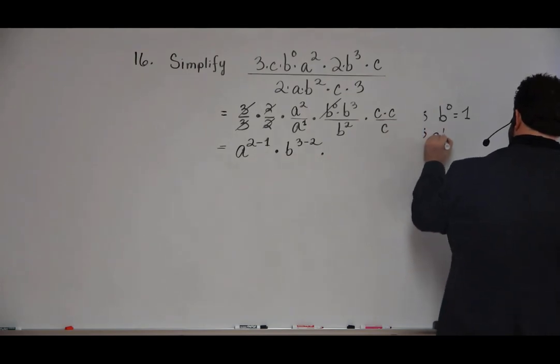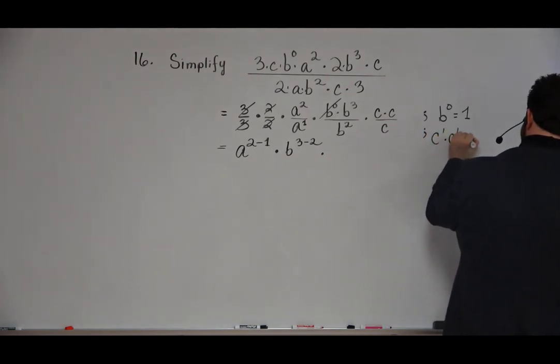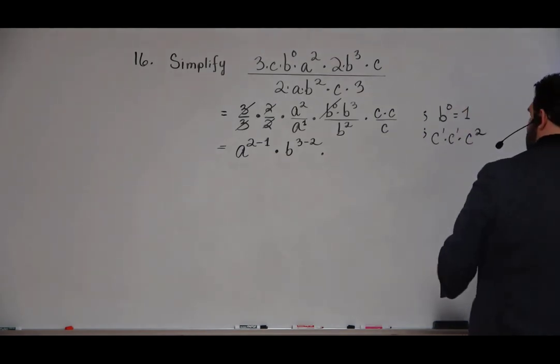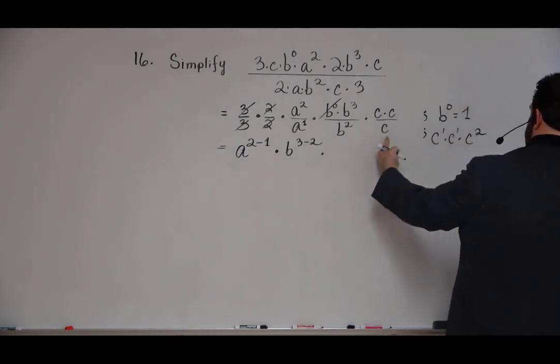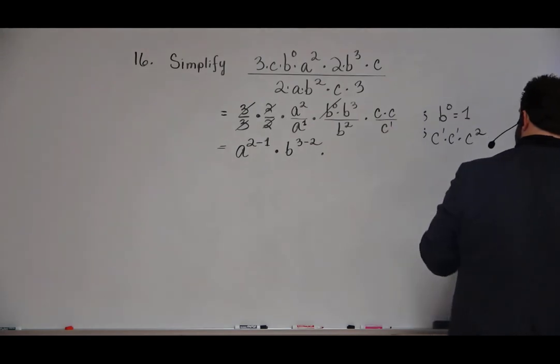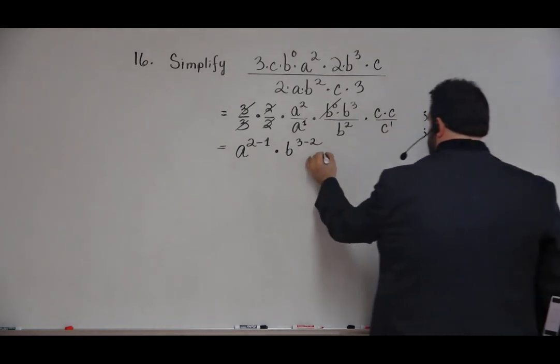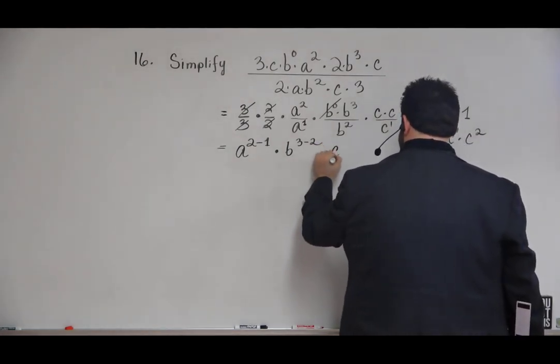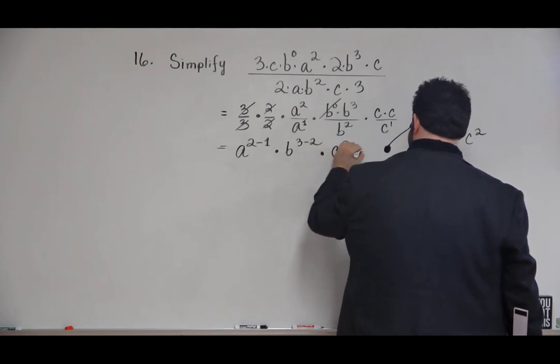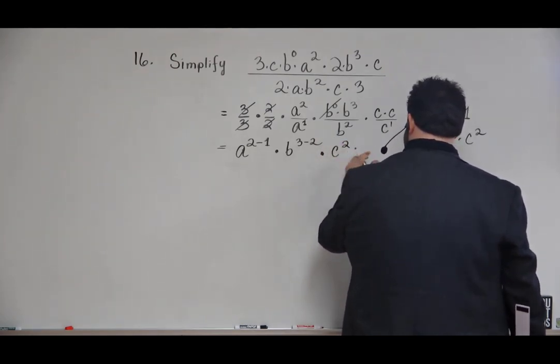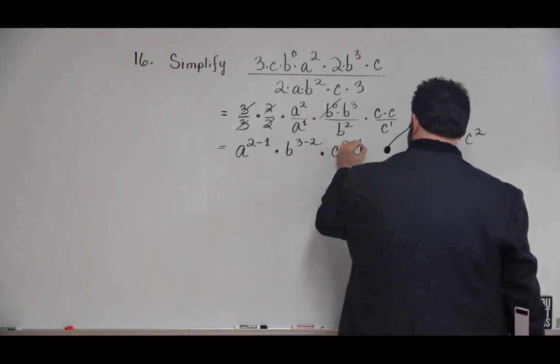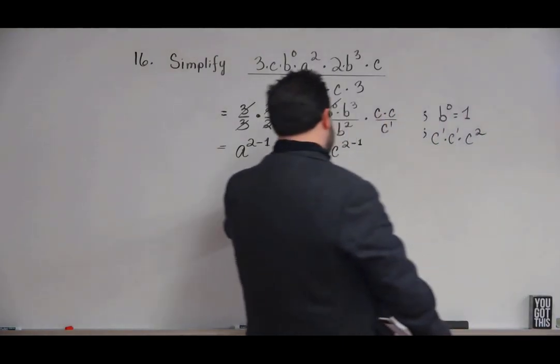We've got c to the 1 times c to the 1. That's equal to c to the 2. So that's c squared over c, right? C to the first. So my final step over here will be c to the 2 minus 1, okay? 2 minus 1.